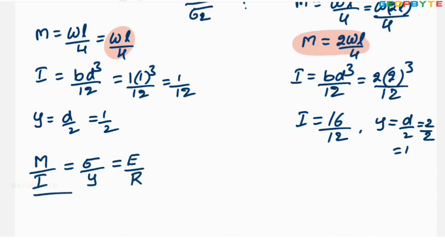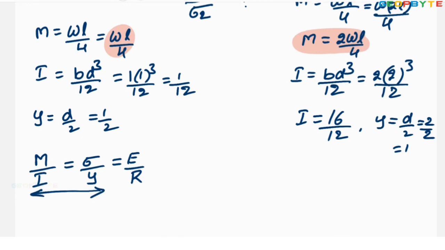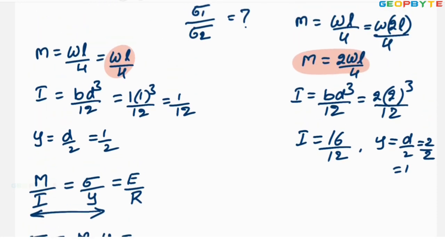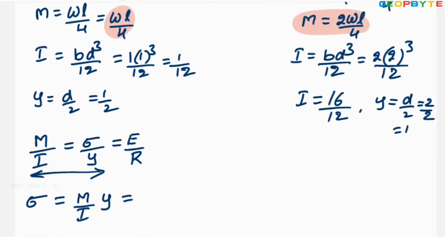Let us take this part. From this, bending stress sigma equal to M by I into Y. M equal to how much? M equal to WL by 4.